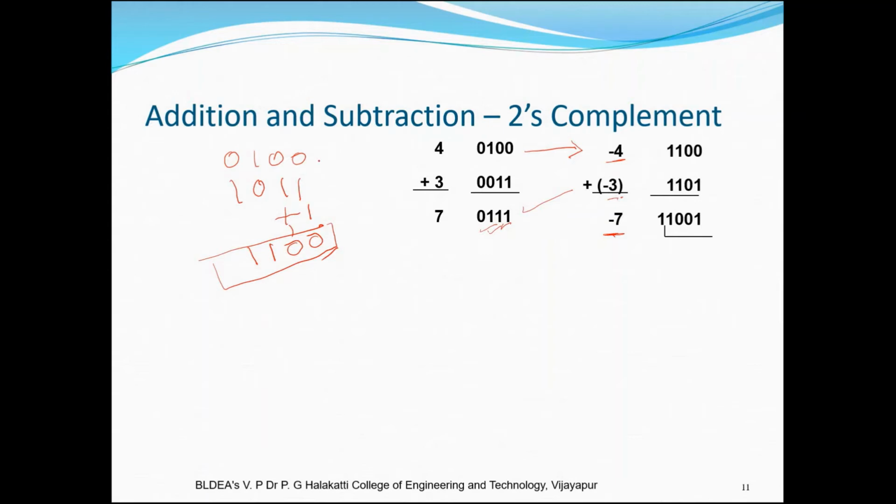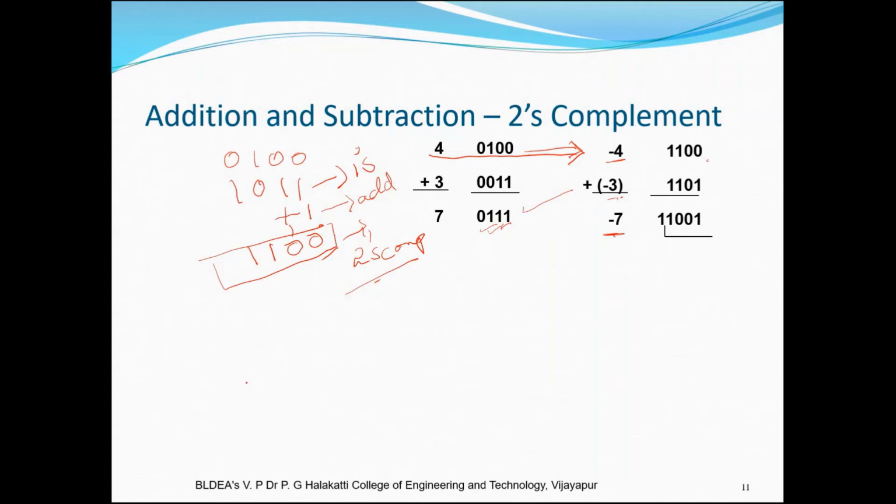So any positive number, if it has to be represented as a negative number in 2's complement, first perform 1's complement of the number, then add 1 to it, which will give you 2's complement of that number. Right. So +4 is represented as -4 in 2's complement as 1100.